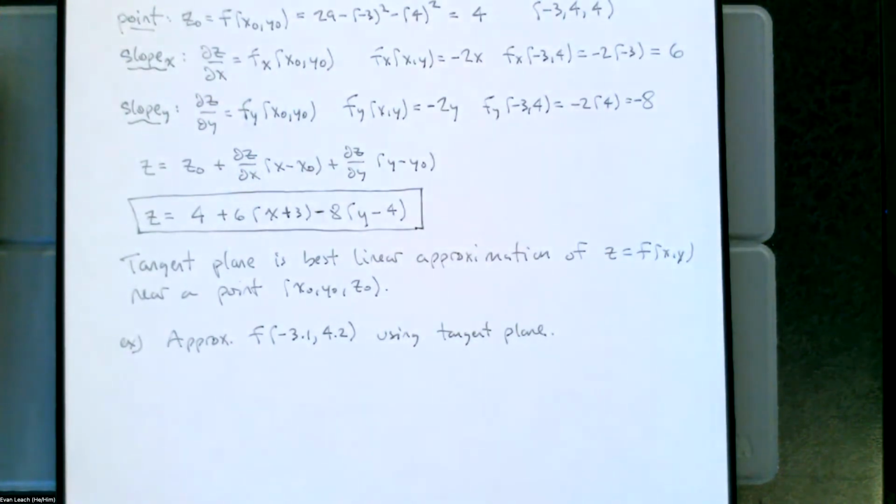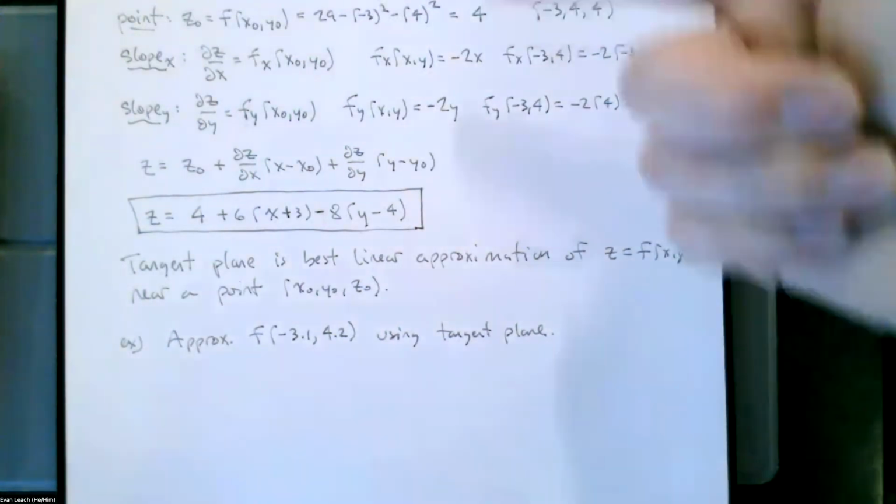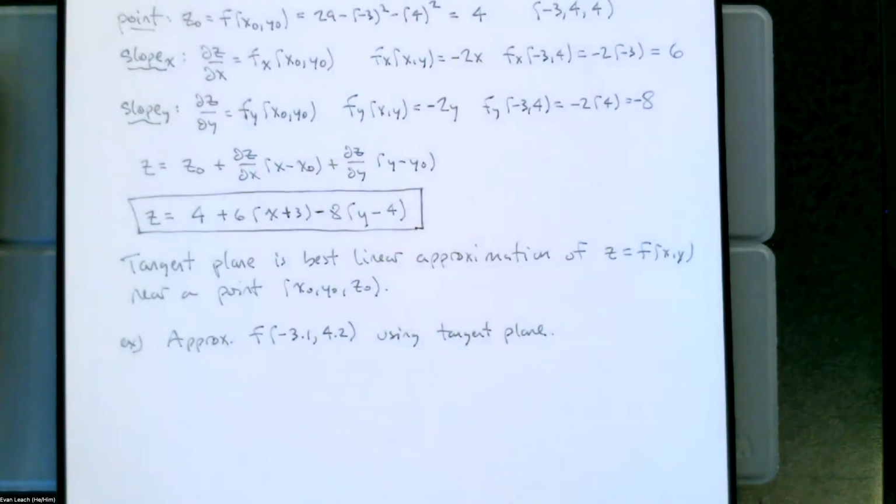Now, at this point, it would be ridiculous to do this. We actually have the function in our hands. Just plug the negative 3.1 and the 4.2 into the function to find the value. But that doesn't illustrate what we want. We're pretending that we don't know what the function is. It's off the top of the page anyway, so you can't see it. Gone. So all we have is this linear approximation.